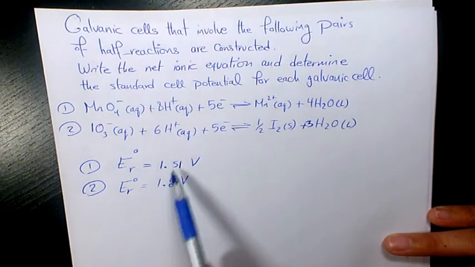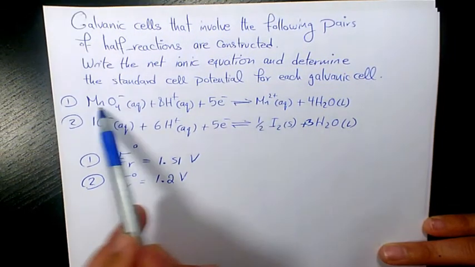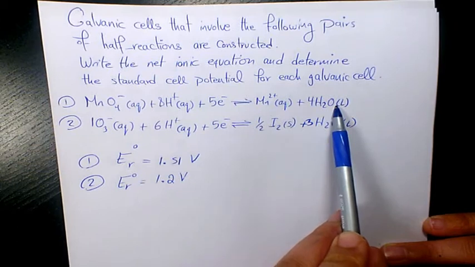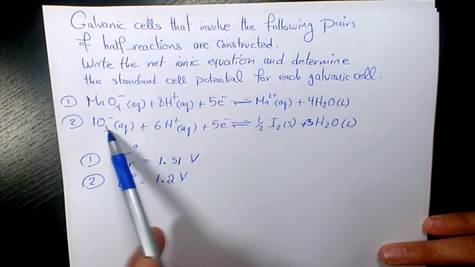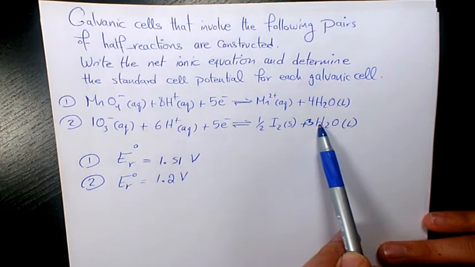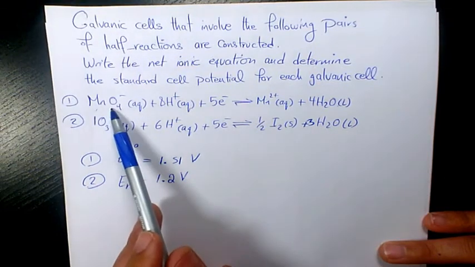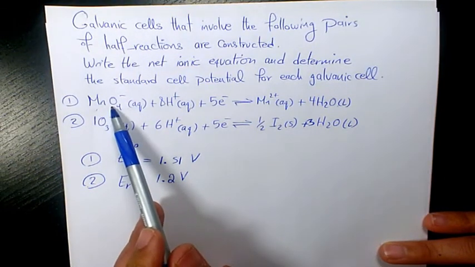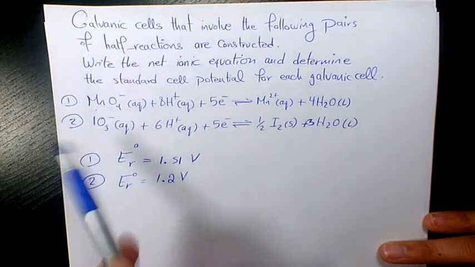Since the first one is greater than the second one, it means that the first reaction is going to be reduction and the second reaction is going to be oxidation, because this one is a stronger oxidizing agent compared to this one.